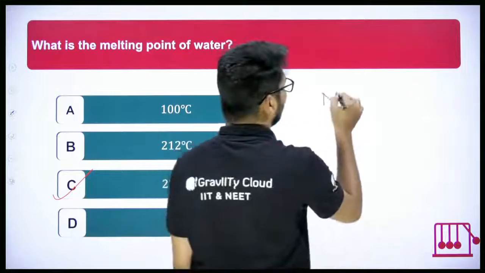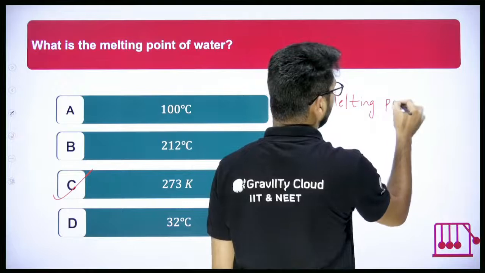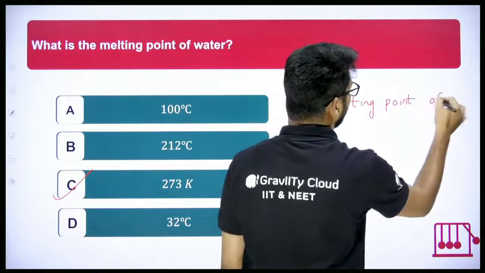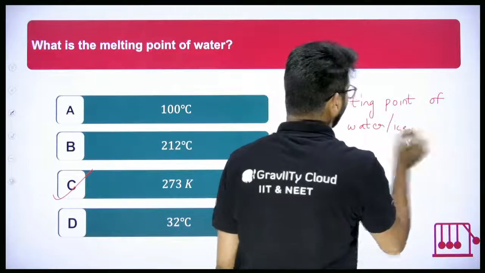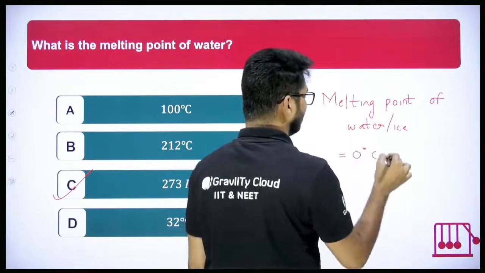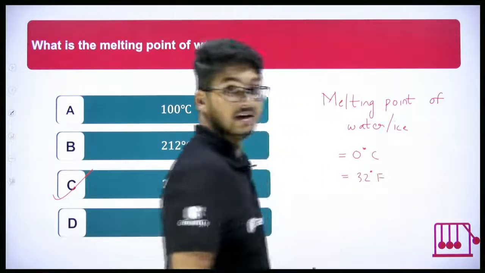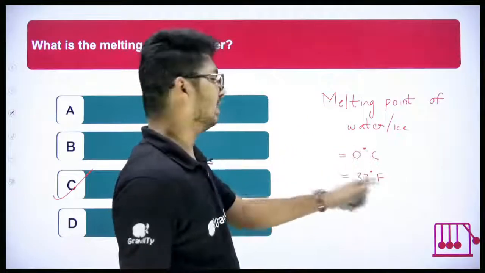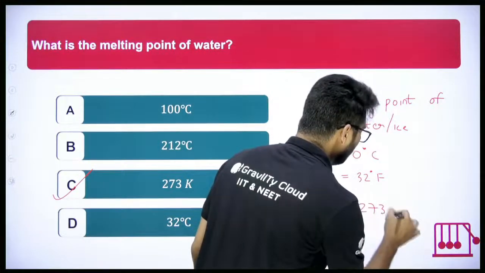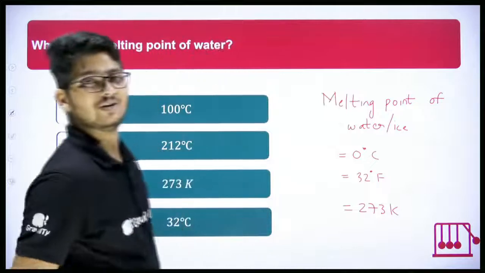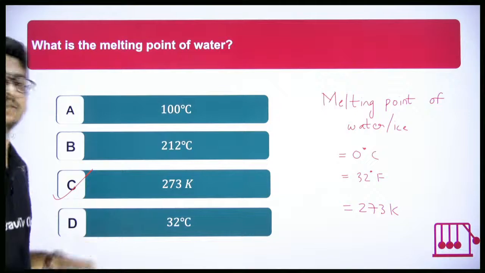Because you have to remember the values in every scale, in every unit. When we talk about the melting point of water or ice, it is equal to 0 degrees Celsius. Or in terms of Fahrenheit, 32 degrees Fahrenheit. In terms of Celsius, 0. In terms of Fahrenheit, 32. And in terms of Kelvin, 273 Kelvin. That is the reason why it is option C.